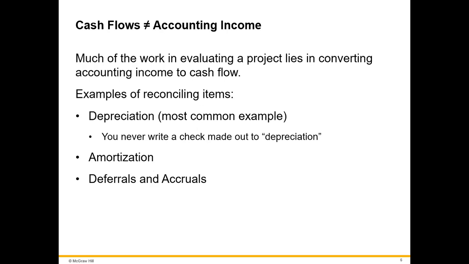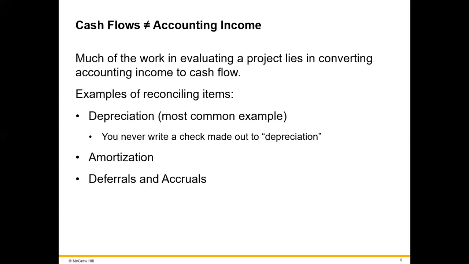So much of the work in evaluating a project lies in converting accounting income to cash flow. We saw some of this in our statement of cash flows from the beginning of the semester. Things like depreciation have no involvement with cash at all.